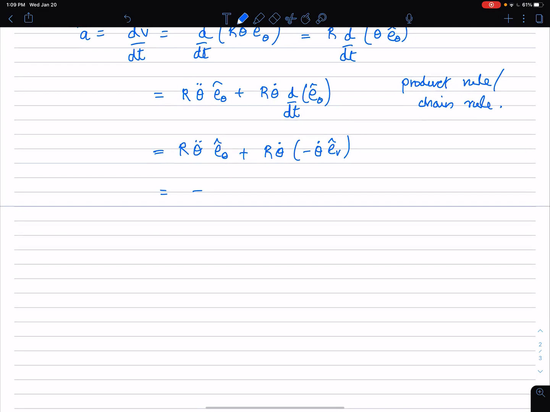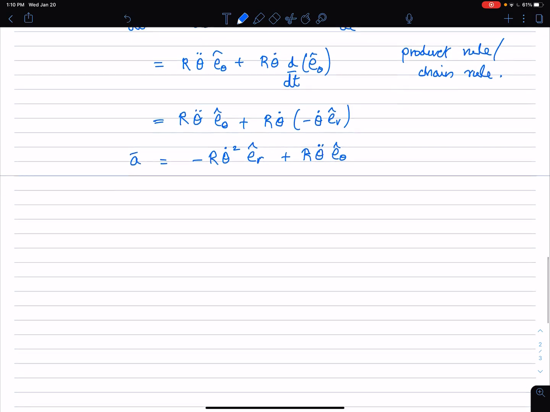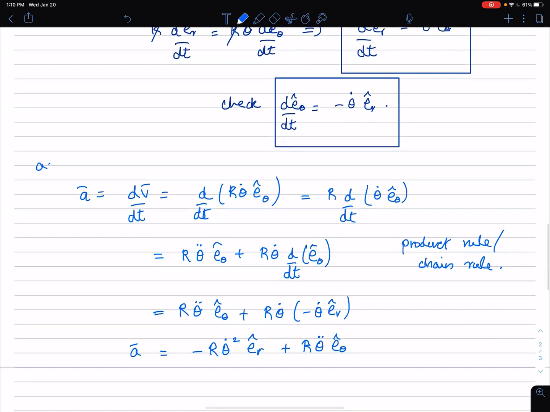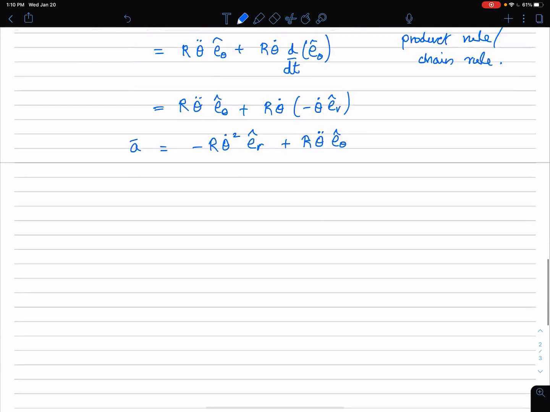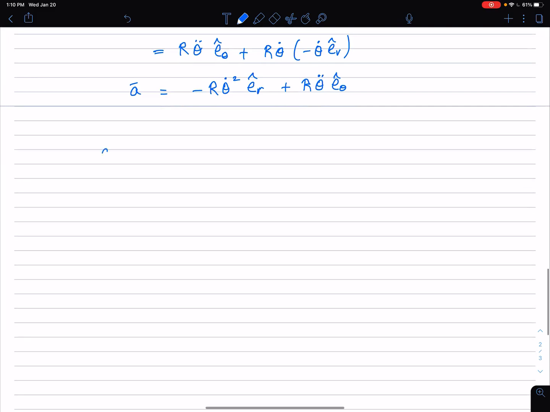So sort of rearranging, we have r theta dot square er plus r theta double dot e theta. So this is the acceleration of a point P. Okay, so let me just rewrite it here. A equals minus r theta dot square er plus r theta double dot e theta.